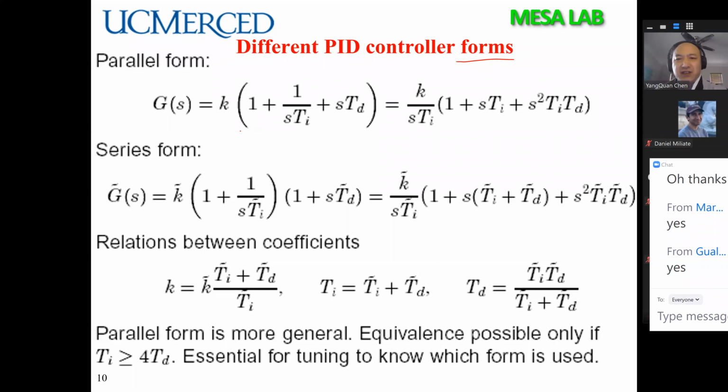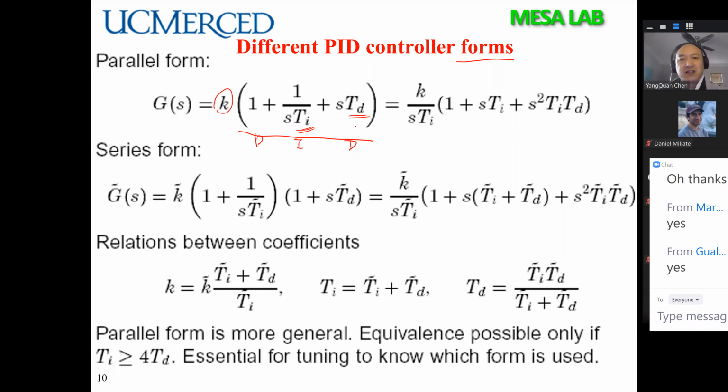Say, for example, this is called the parallel form. So you have P and you have I and then D, okay? Then you have a gain for overall gain. So these are called time constants, integration time constant, derivative time constant, okay? Very interesting. Why?